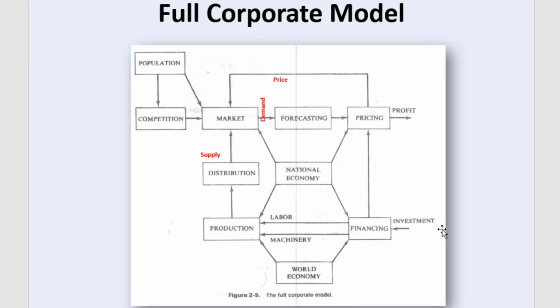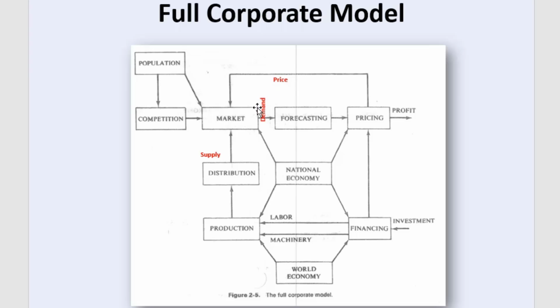The financing is getting input from investment, and it is providing labor and machinery for our production, and each of these two blocks is getting environmental input from national economy and world economy, and then production is getting their products ready and distributing them.